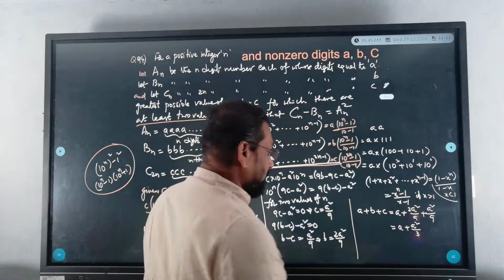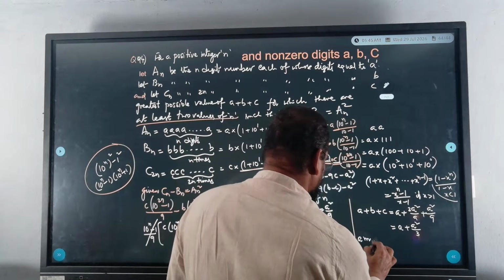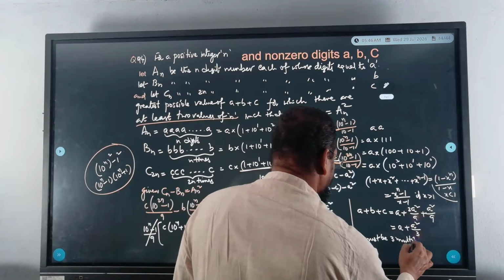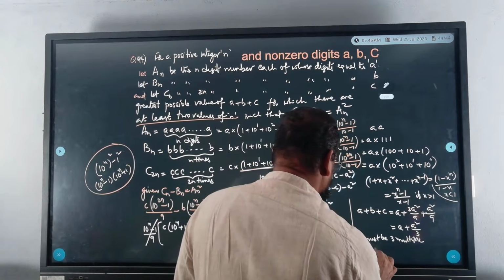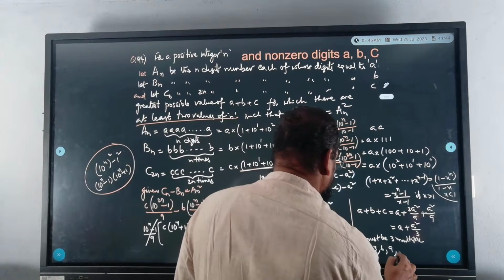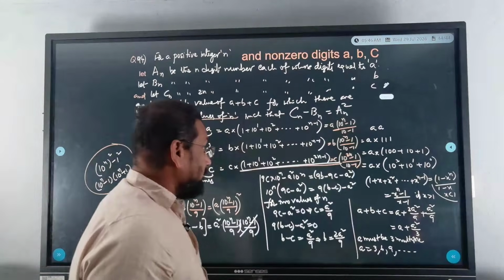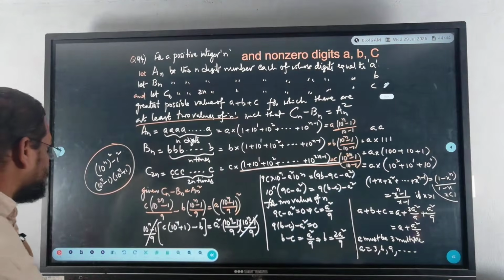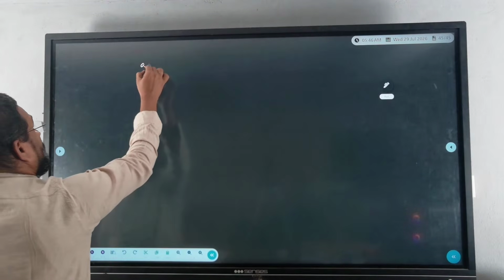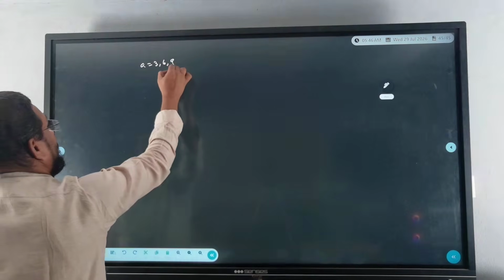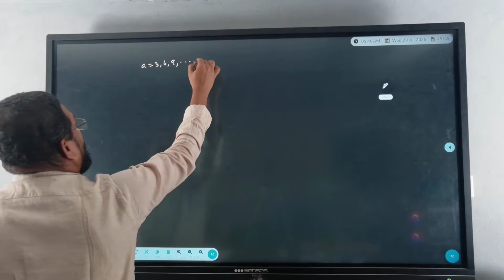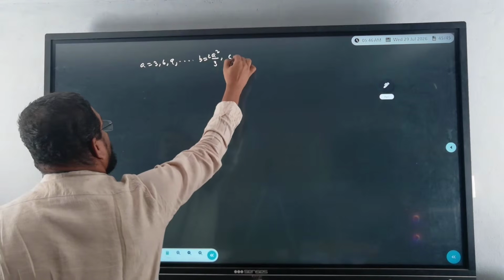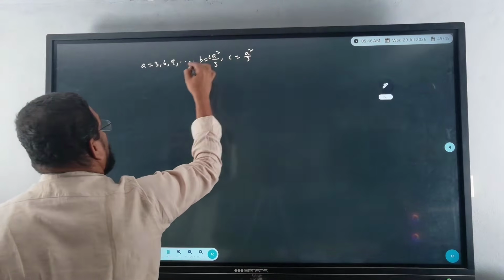So a must be a multiple of 3. So a is equal to 3, 6, 9 and so on. b is equal to 2a²/9, c is equal to a²/9.